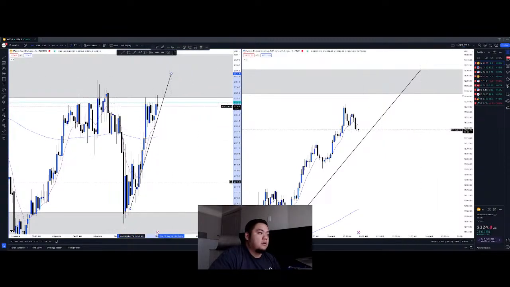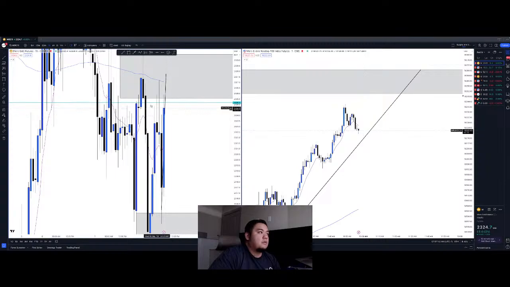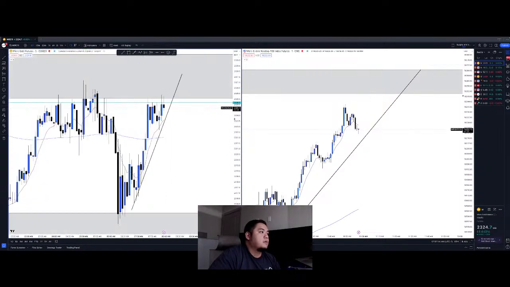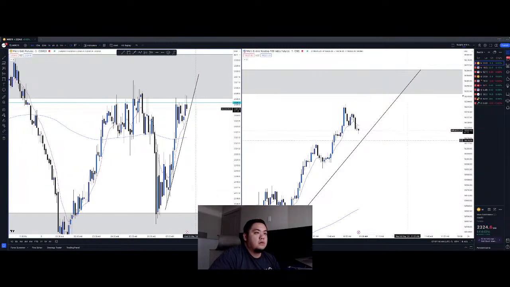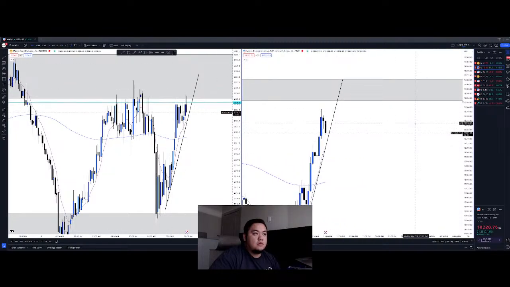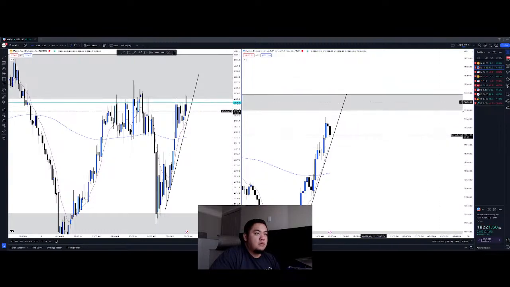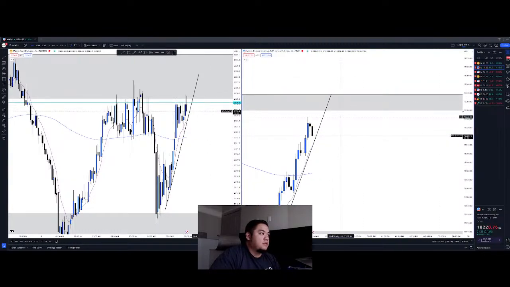Decent. I'd love to see it come all the way back down to the 23.11, 23.12 area. Possibly. Looks like it. 5 minutes closed equal highs.